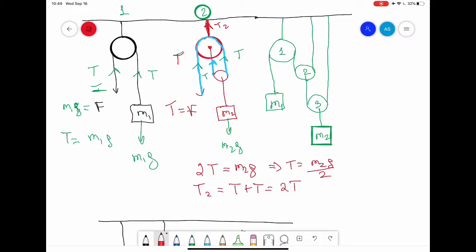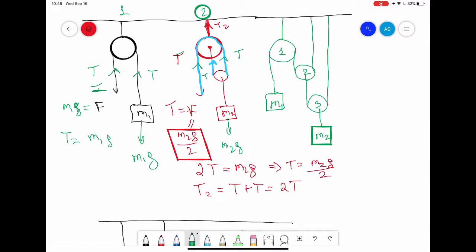Then your force will be just equal to M2G divided by 2. So you can see that you have to apply half the force in order to keep the weight of M2, okay?